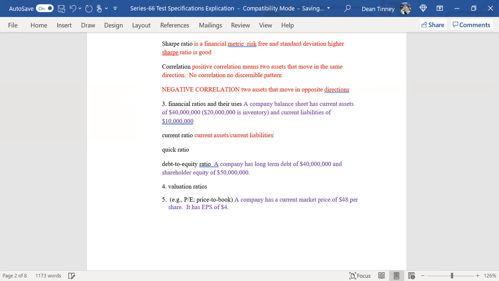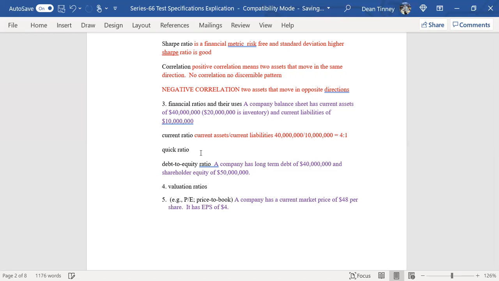And so in the ledger entries I've provided here, it'd be 40 million divided by 10 million, and we find out it's 4 to 1.